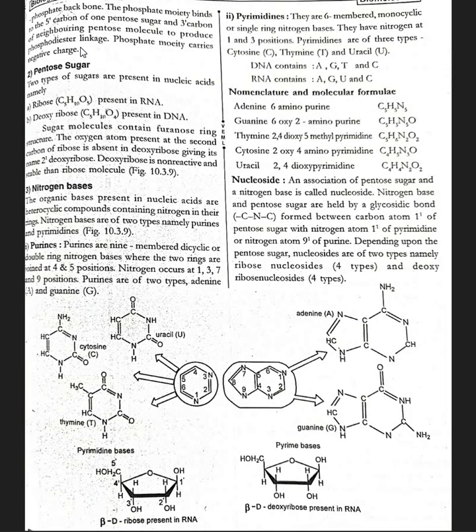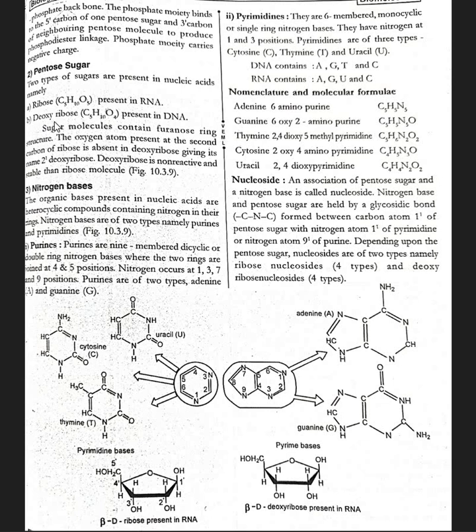Next, see here, the second one is the pentose sugar. There are two types of sugars present in nucleic acids. One is ribose sugar, C5H10O5, present in RNA, whereas deoxy means one oxygen is not present. So deoxyribose is present in DNA, C5H10O4. O4 here, whereas in RNA there is O5. It means one oxygen is less in DNA, so it's called deoxy.